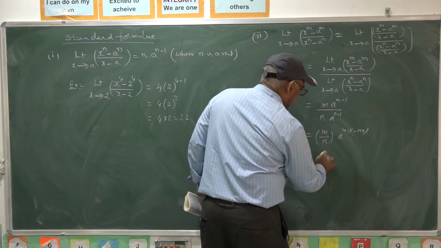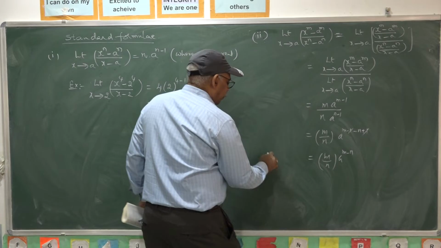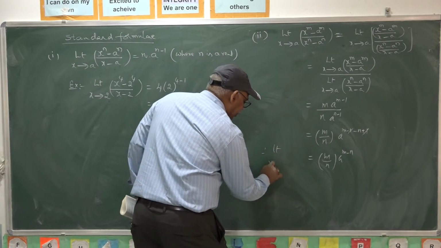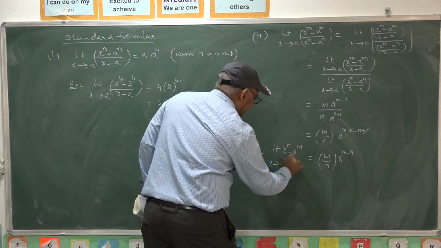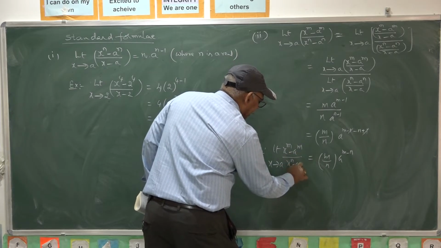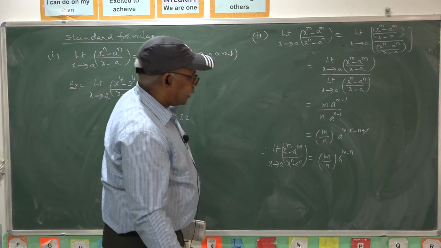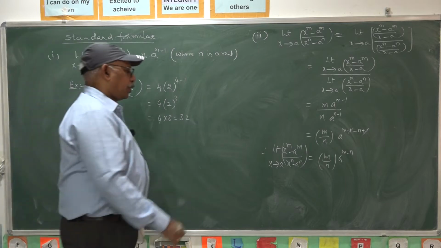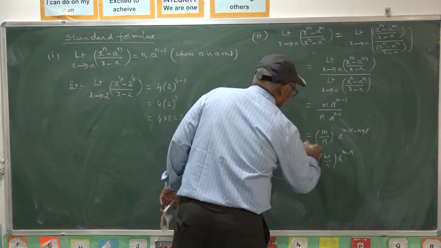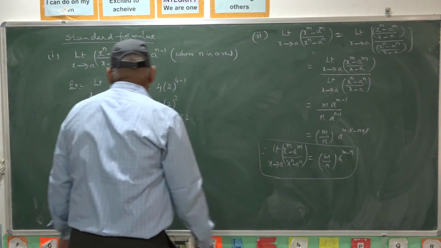So that is m by n, a^(m minus n). Therefore, limit as x goes to a, (x^m minus a^m) by (x^n minus a^n), where m and n are reals, is m by n, a^(m minus n). You can use it as a formula. This is one more standard formula.